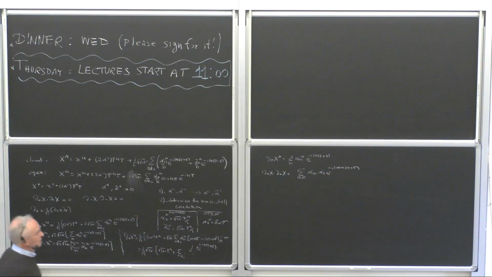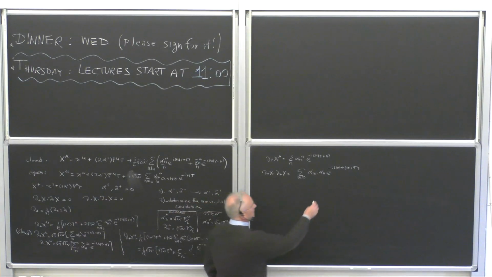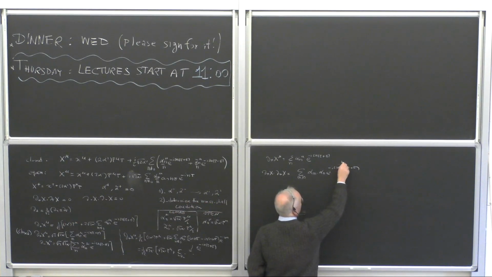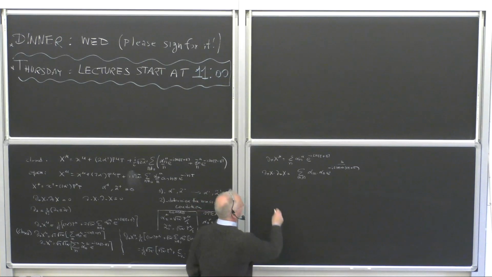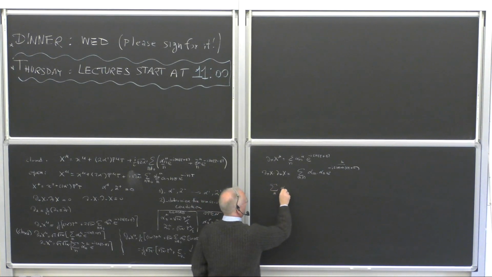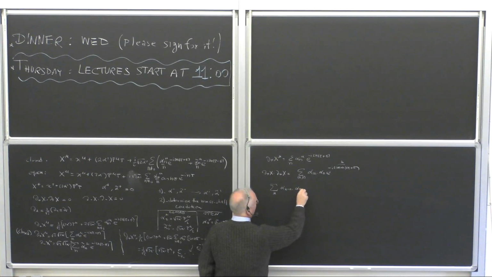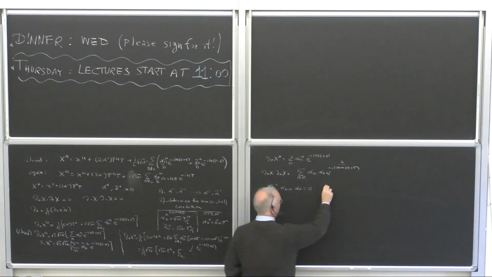Then it's convenient to define the summation index, let's call it k, and then the individual Fourier modes give you the following conditions: sum on n, say, alpha k minus n, alpha n equals 0 for any k.